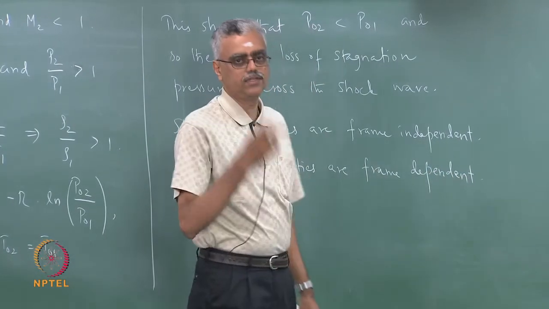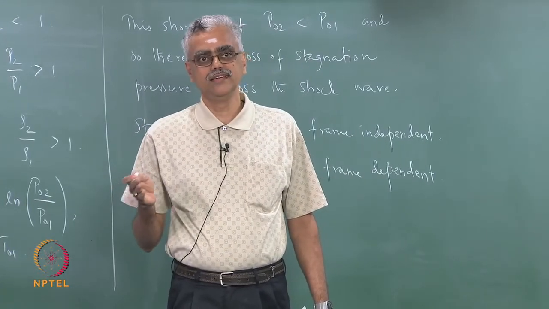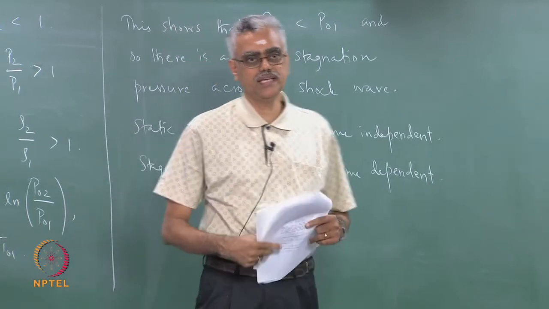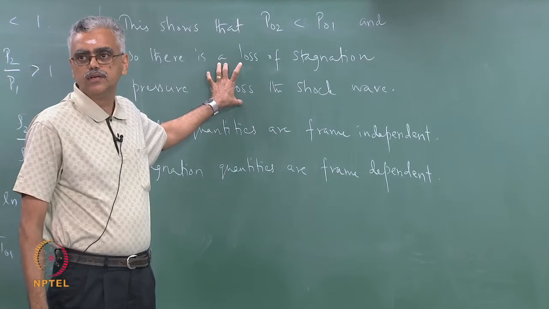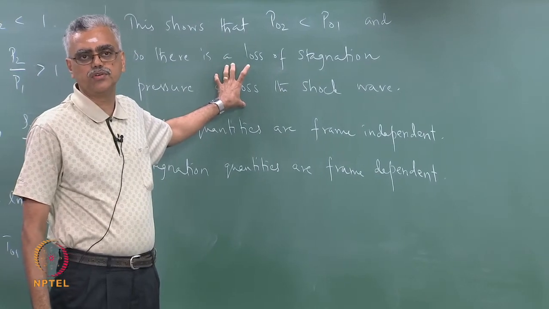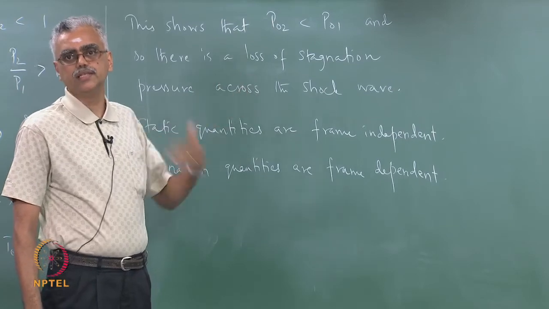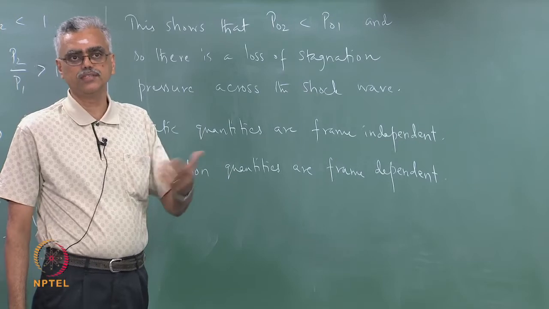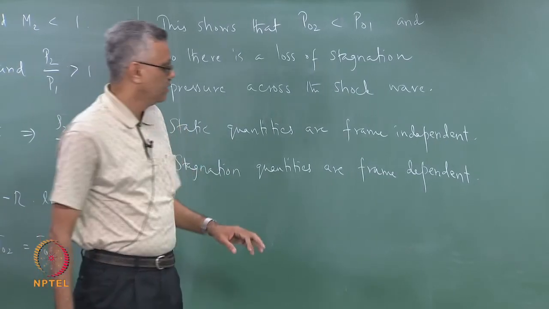So, the greater the velocity with which the observer moves, the greater the dependence on the frame for the stagnation quantities. So, when we say that there is a loss of stagnation pressure across the shock wave, that is only for the reference frame in which the observer is moving along with the wave. What this will be in the observer stationary reference frame is going to be different, and that is something that we will calculate. Okay.